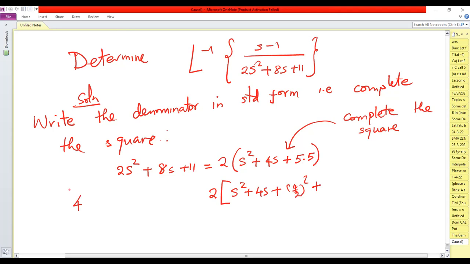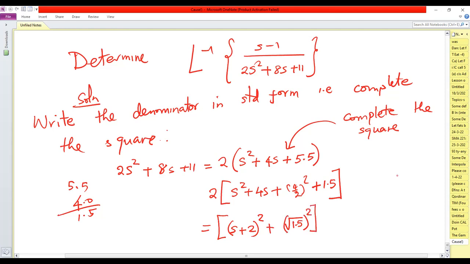So I need to now subtract 1.5 so that I don't change the value of the original expression. So this is the same as (s plus 2) squared plus 1.5, which can be written as the square root of 1.5, squared.